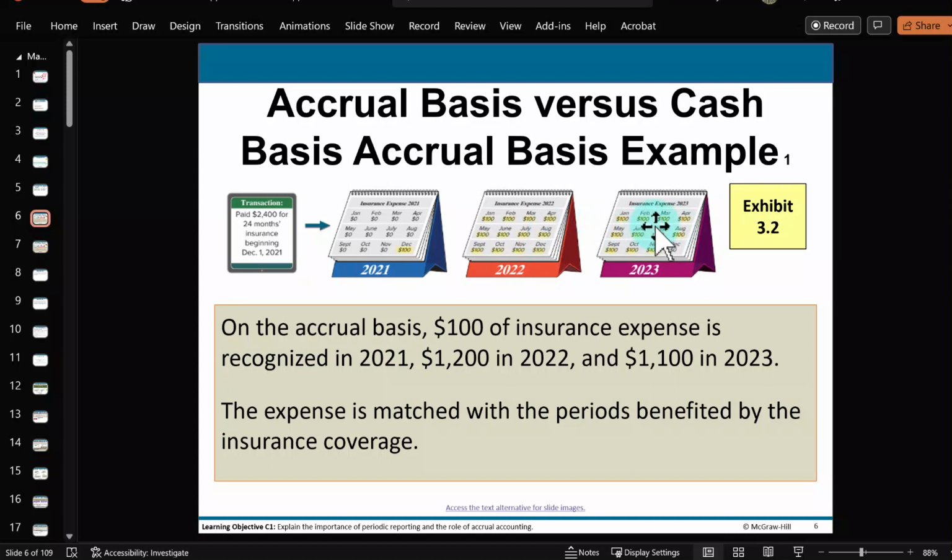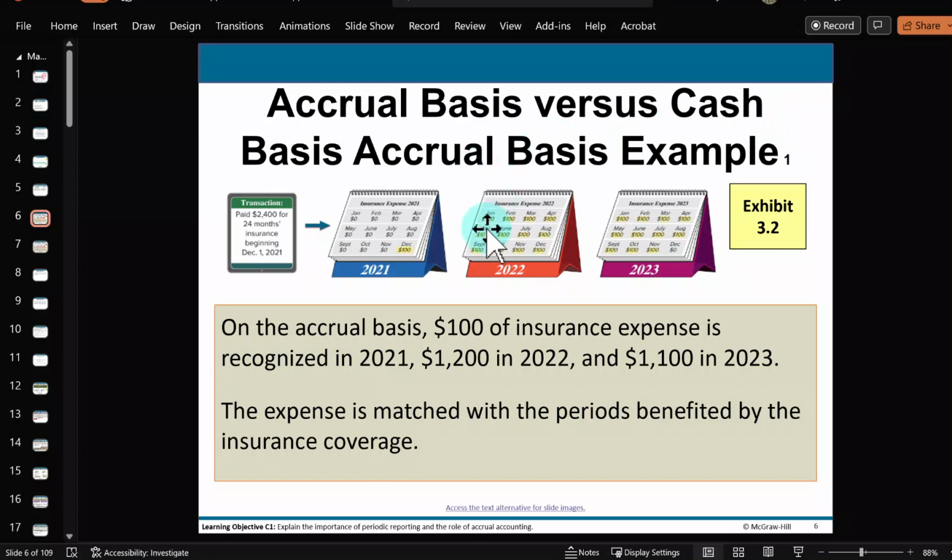So if you use the cash basis method here, you would be over-deducting the costs being used in 2021, all 24 months, even though only 1 month's worth of insurance has been used up. And you would be understating the expenses for 2022 and 2023. So that's why cash basis here is not a good method to use versus the accrual basis.